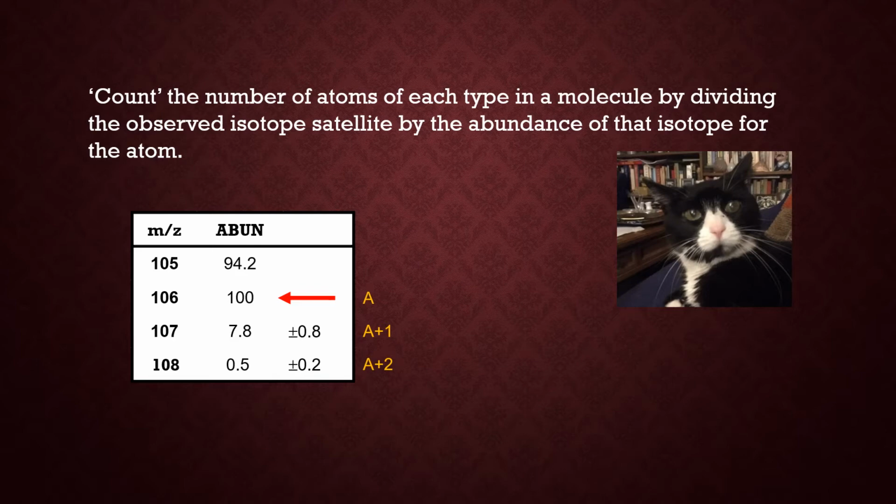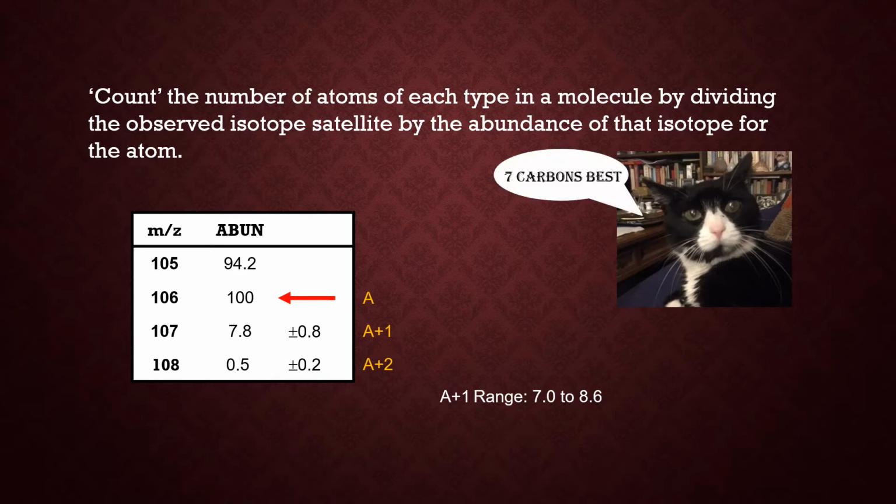Having made that assignment, now we look at the A+1 value, and we see that we would naively, given a 1.1% abundance per carbon, suspect that the best value is 7 carbons. So 7 carbons are best.